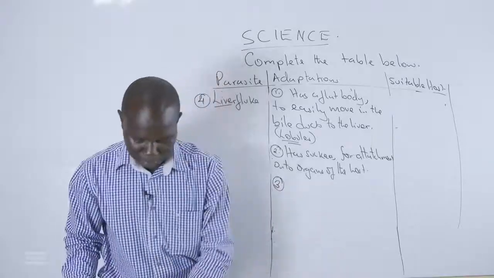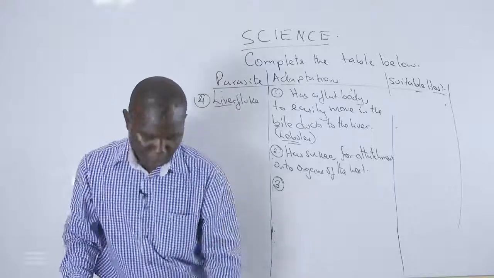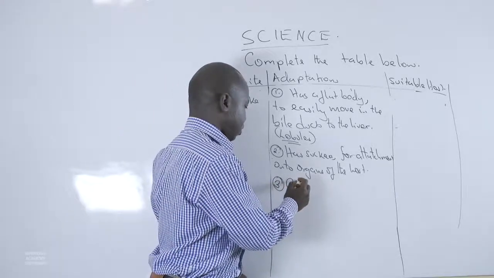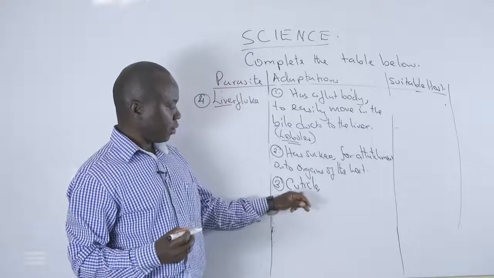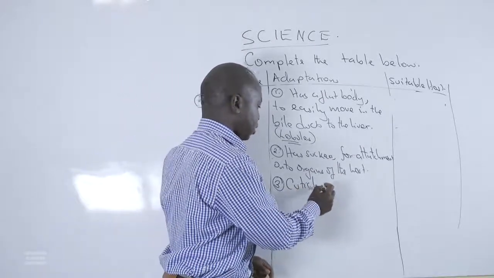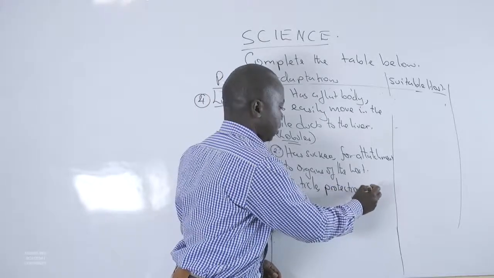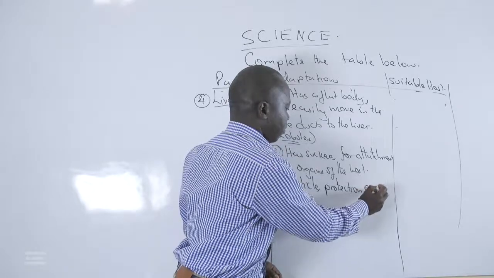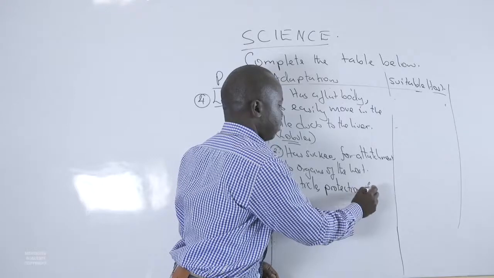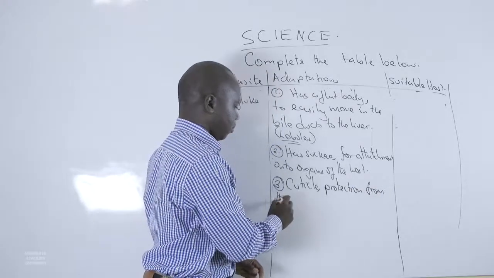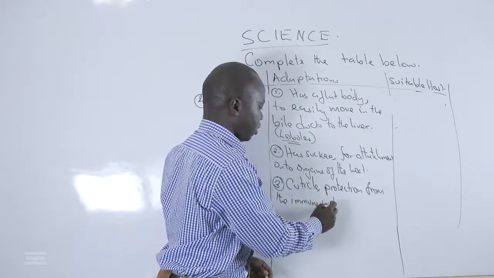The other adaptations include having a cuticle. Cuticle is important because it protects against the immune system of the host.